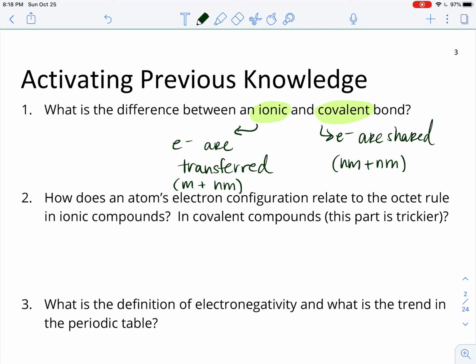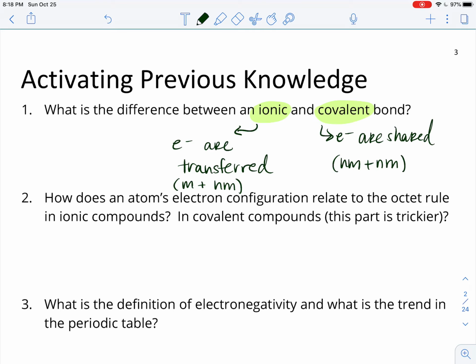And in covalent compounds, the goal is for both elements to have an octet of electrons, to have those eight electrons that make it look like it has the stability of a noble gas.